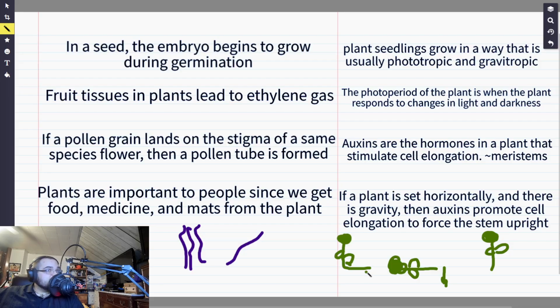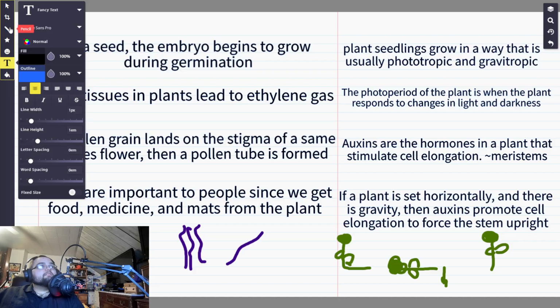Does that make sense? The meristems are what does the growth. The auxins promote this cell elongation. It typically wants to reach to the top because that's where the sun is. More sun means more survival. And so it has a means of correction.